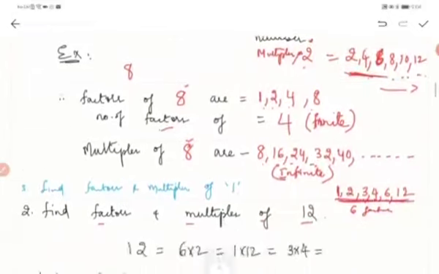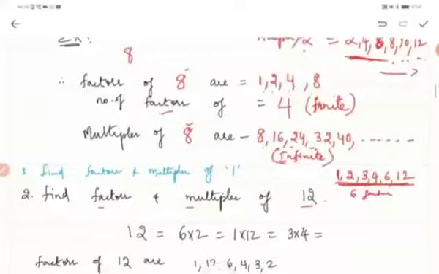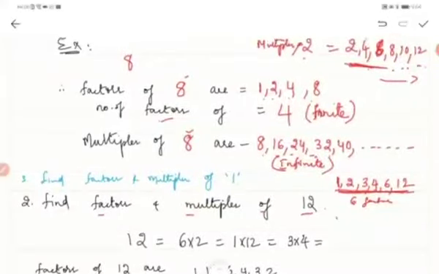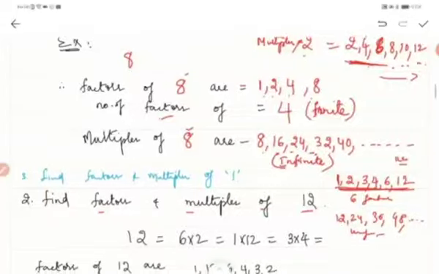What about multiples? Yes, you have multiples of 12 as 12, 12 2s is 24, 12 3s is 36, okay, 12 4s is, right, it is 48, and so on, okay. So you have infinite multiples.